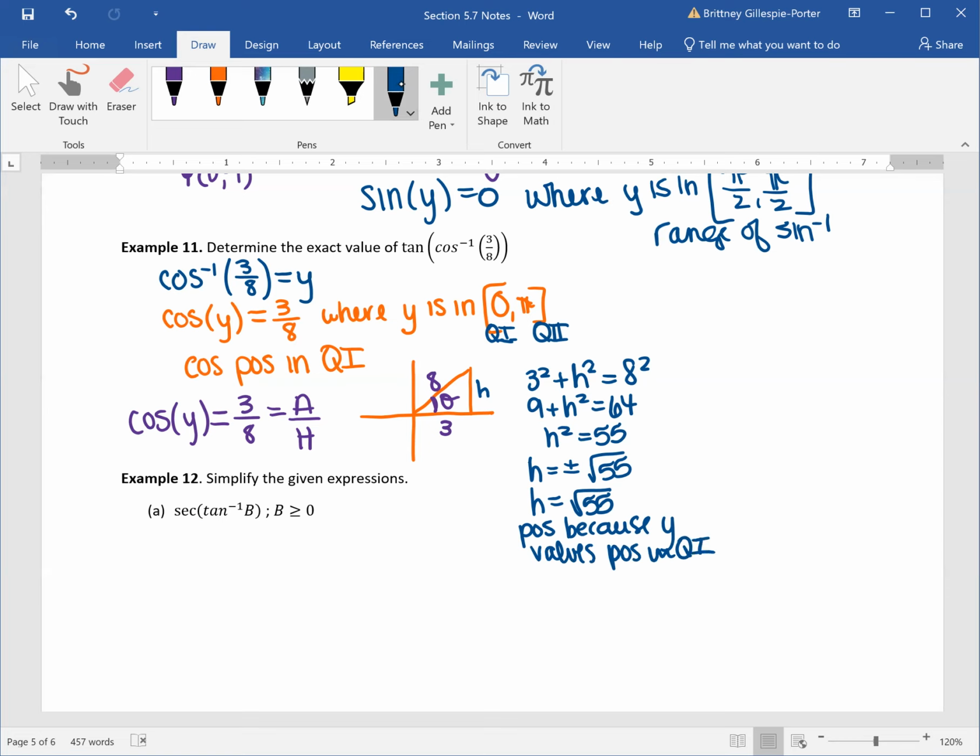So now if I replace my h with the square root of 55, we can find the tangent of our angle. So our tangent of y, oh, I should have labeled it y, not theta. Quick change. There we go. Is equal to opposite over adjacent, which means that we are looking at square root of 55 all over the adjacent of 3.